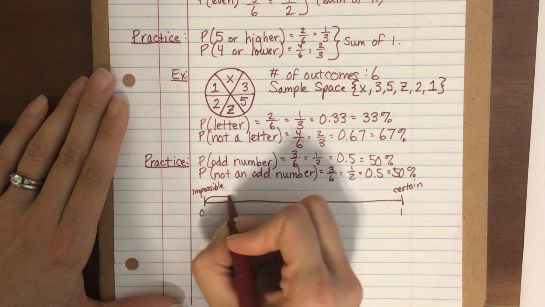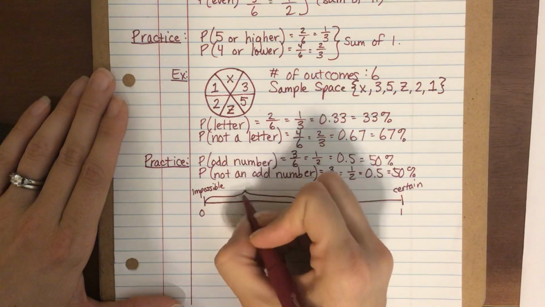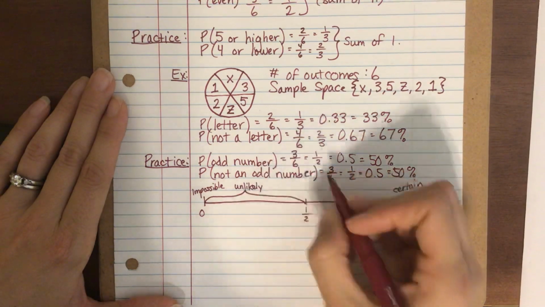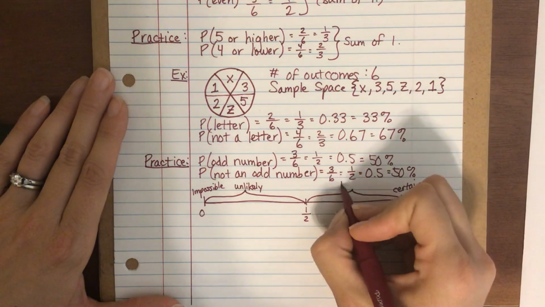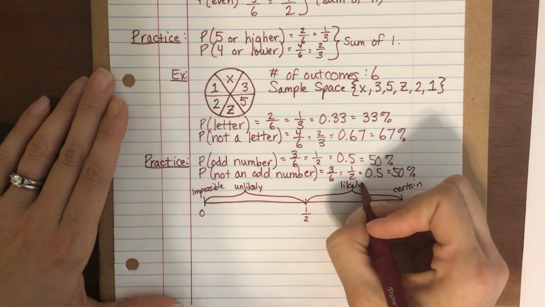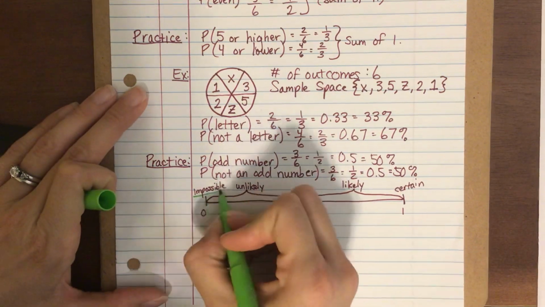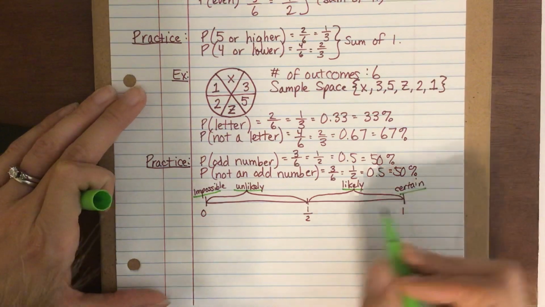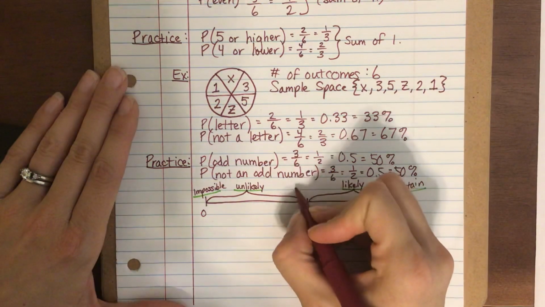So we decided right here, this whole area from 0 to 1/2 is unlikely. And this whole area from 1/2 to certain is likely. I'm gonna underline these. So we have impossible, unlikely, likely, and certain. And this one we can call just as likely.